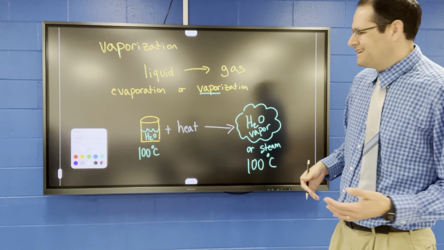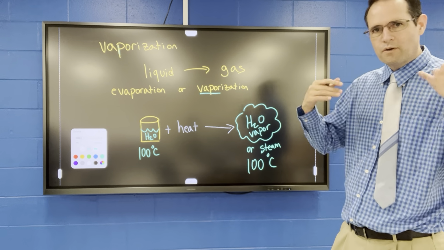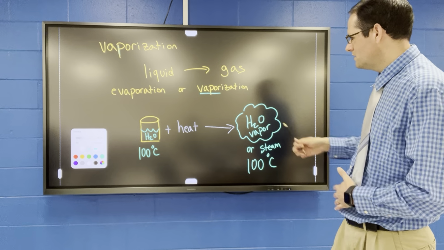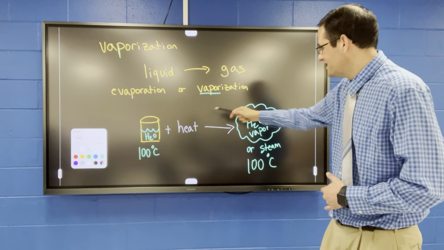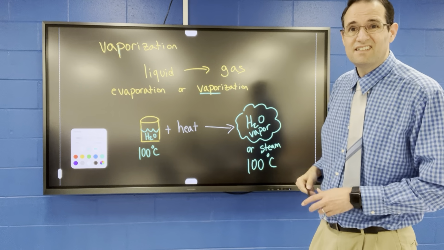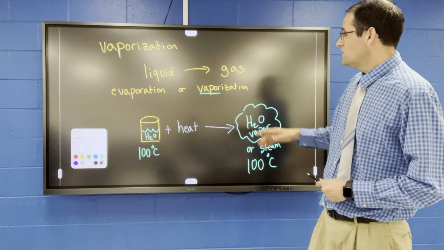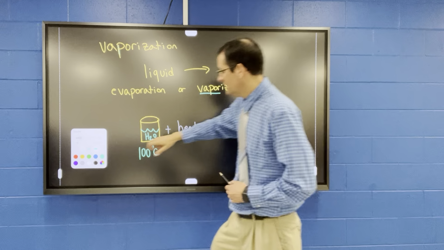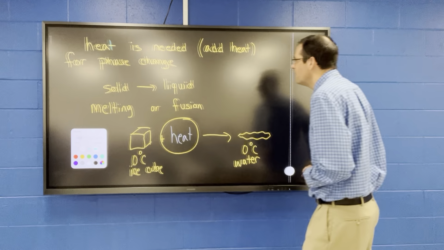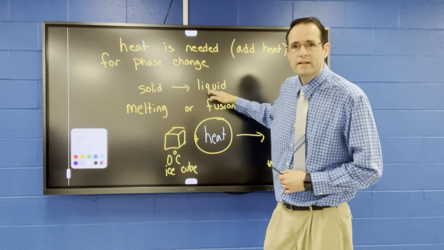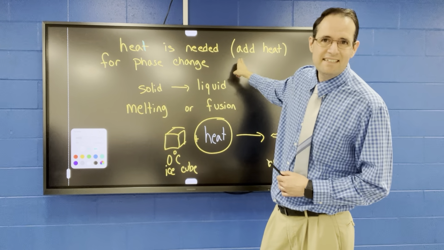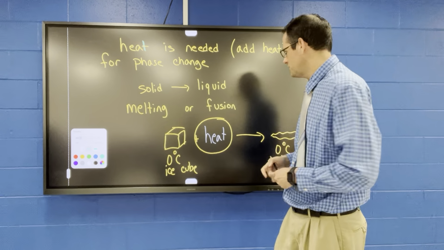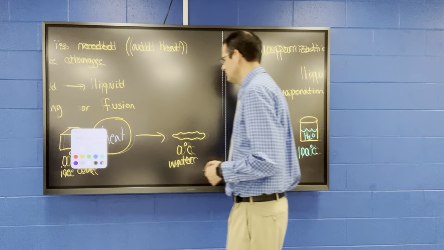So again, it's the hidden heat of vaporization or the latent heat of vaporization. This heat is going into the material, but it's not raising the temperature. It's transforming liquid water to steam. So we've got liquid going to gas. We've got solid going to liquid. These two phase changes need heat to cause that change to occur.